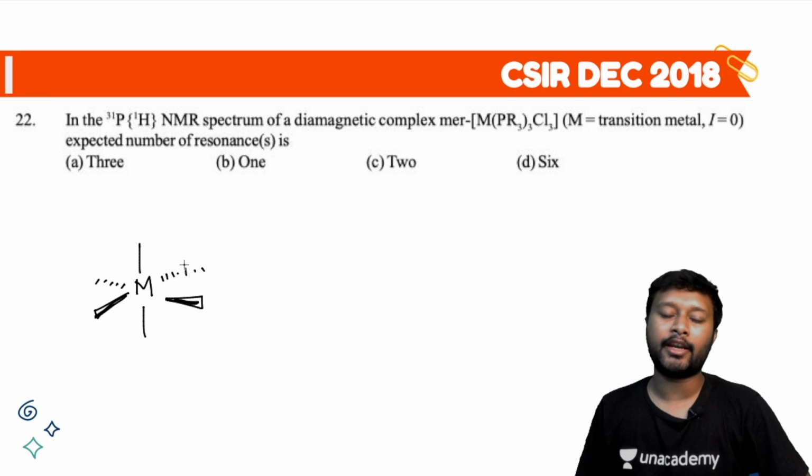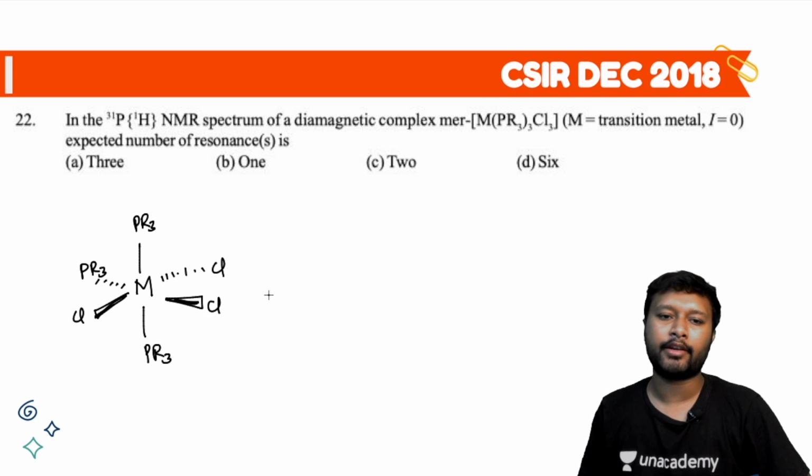Since I have to make the meridional isomer, I have to put PR3 like this. I can put one of the PR3 over here, and the third PR3 over here. That's how it will become meridional, and the rest of the spaces will be filled by the chloride ligand. So this is how my complex is.